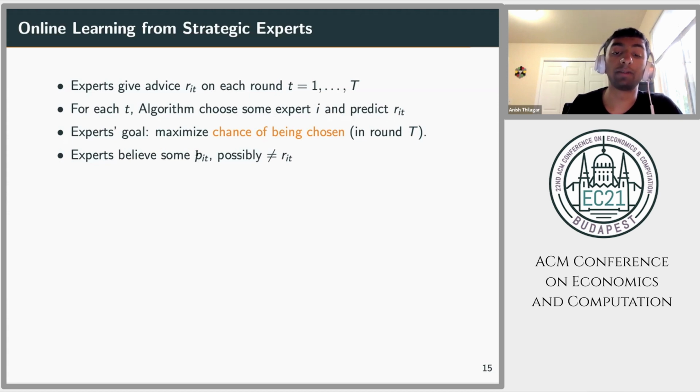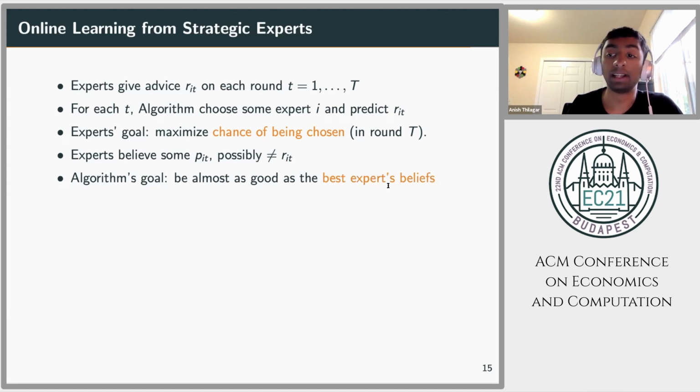So now we have to account for their beliefs P, which may not be equal to their reports R, since they're strategic. And the algorithm's goal, instead of being as good as the best expert's advice, is now to be as good as the best expert's belief, which is a little bit stronger because we don't actually know their beliefs, only their advice.